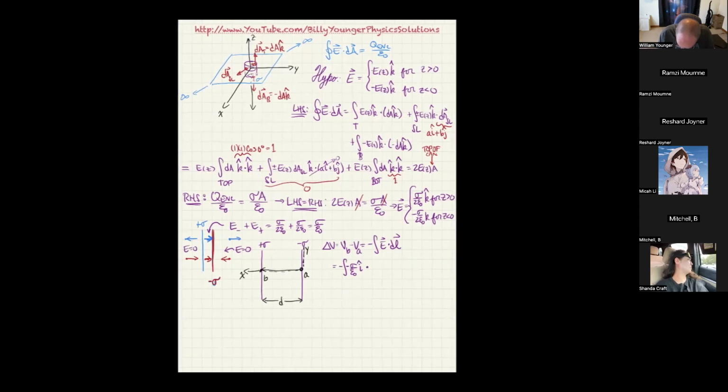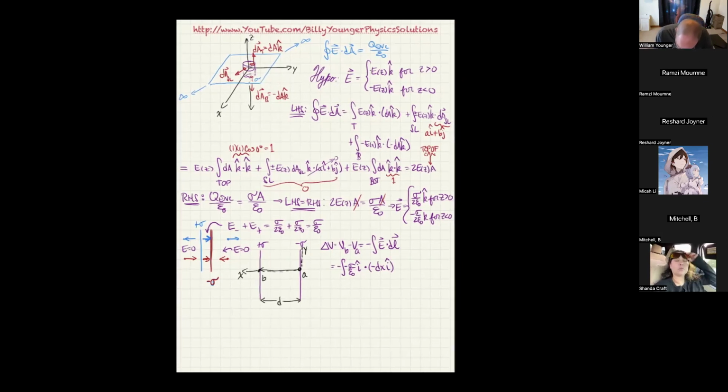So I'm going to use the dL to indicate the direction, so that's going to be a negative dx i-hat. And since I've chosen that one, I just go from small coordinate to large coordinate for the range of integration. So my range of integration goes from the small number, 0, to the large number, d.